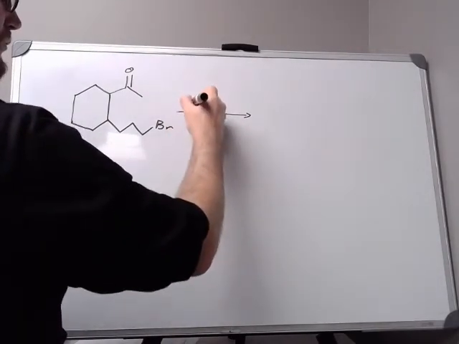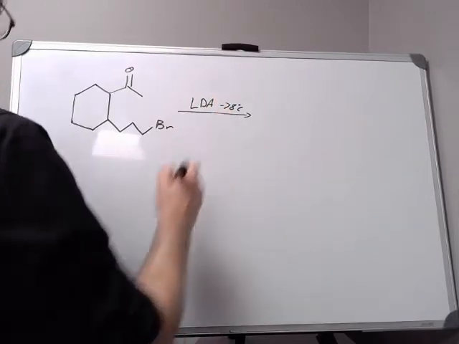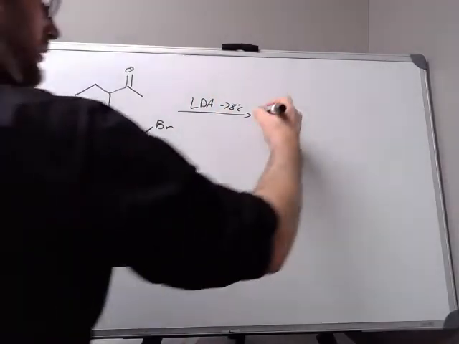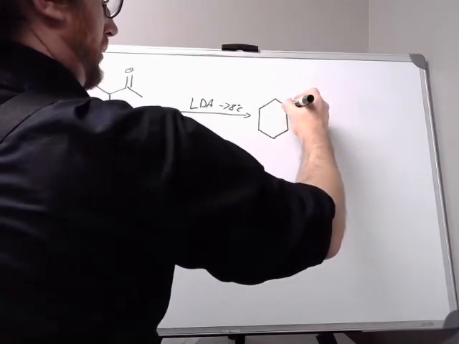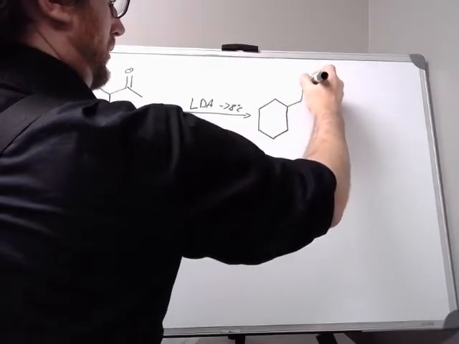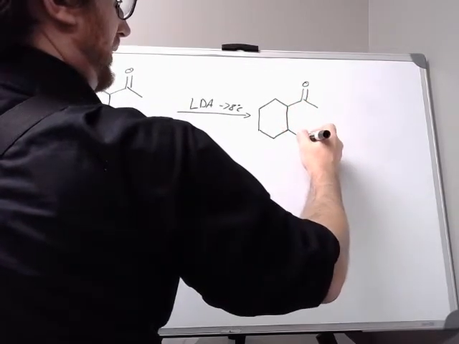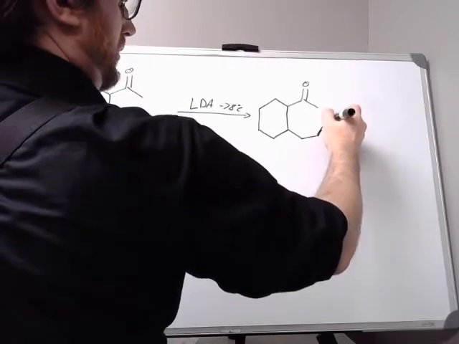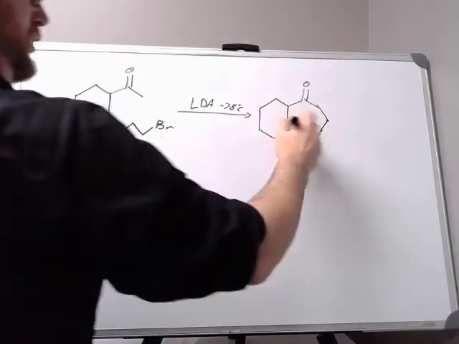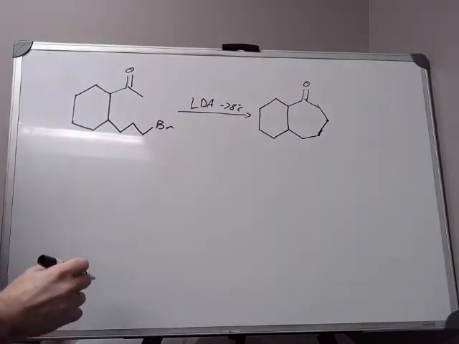So let's say that we use LDA at negative 78 C. 1, 2, 3, 4, 5, 6, 7. That should be a 7-membered ring. I'm really bad at drawing 7-membered rings.